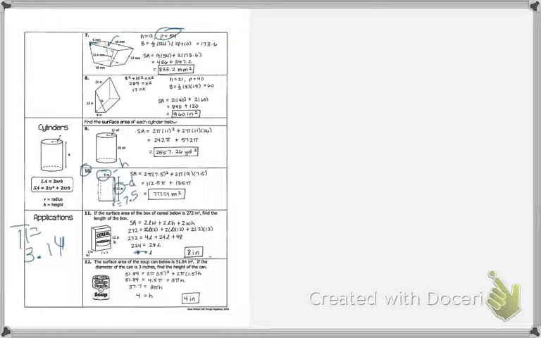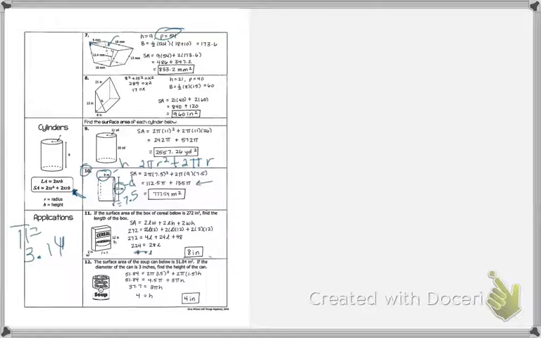The rest is simply plug into your equation. Two pi r squared plus 2 pi r h. They took care of that.